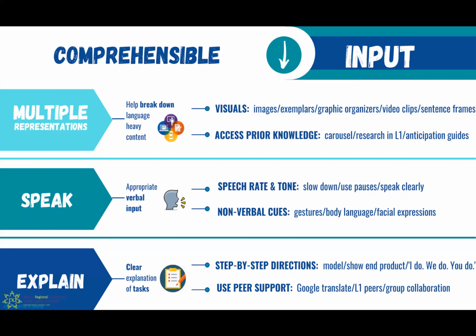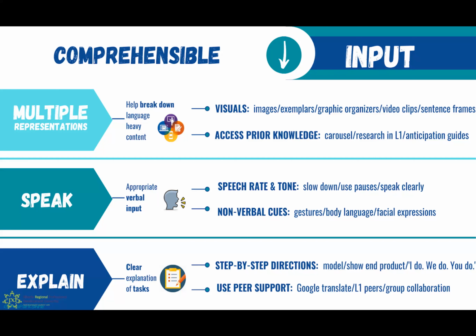And visuals can include images, exemplars, graphic organizers, video clips, sentence frames. Sentence frames are a big one. And also tapping into prior knowledge, whether it be links to the student's home language, or activities such as carousel, doing some research in their home language and then sharing out about it in English, even using anticipation guides. That's just a couple of examples.